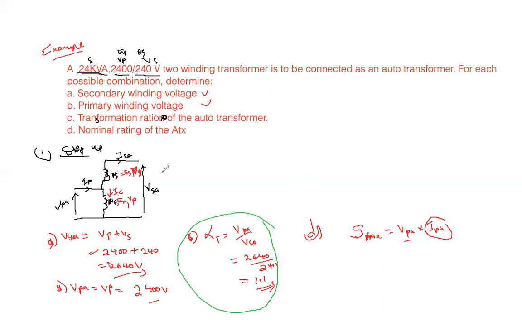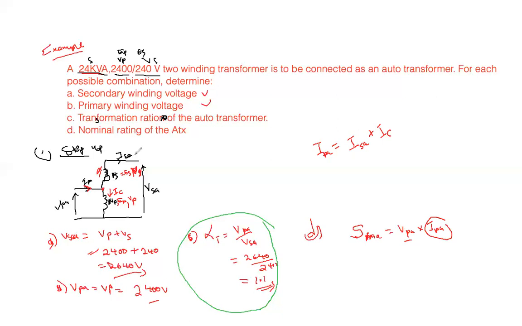So for my IPA, I come here now. What can I calculate here? I can see from the diagram, using Kirchhoff's current law, that IPA is equal to the sum of ISA plus I common. Check here, because this current is going in that direction, and this one is going in this direction, so this one is the sum of these two.